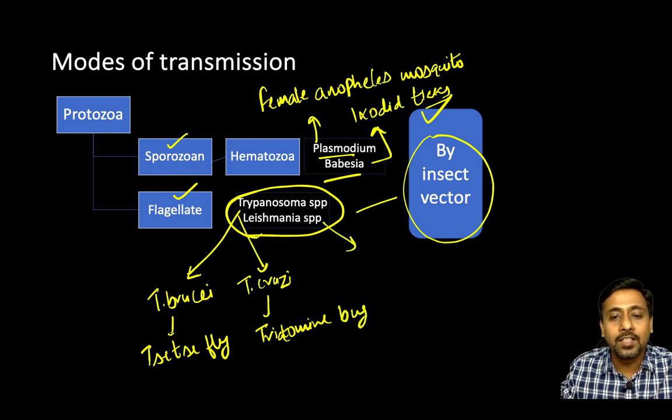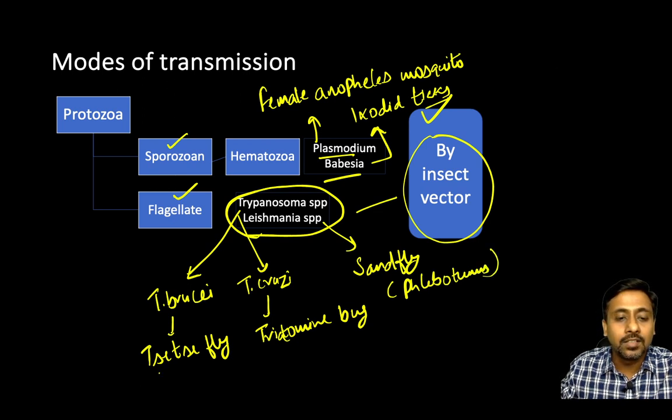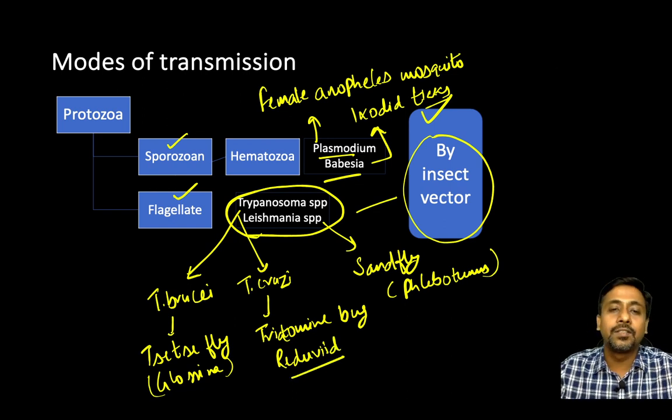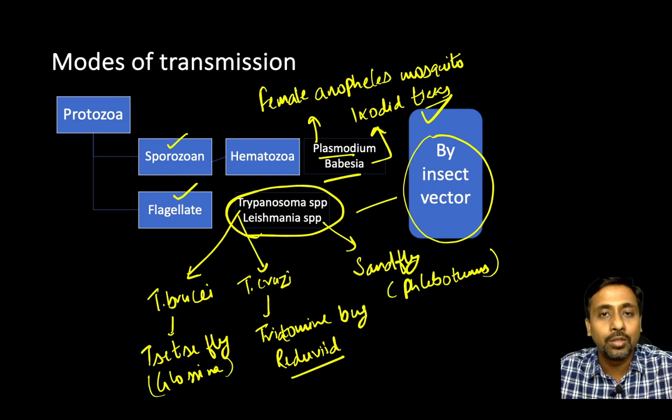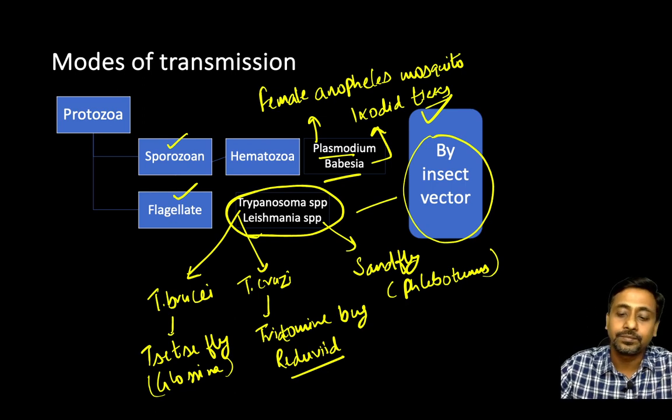In case of Leishmania, it is the sandfly, the scientific name is Phlebotomus. Okay, so these are the insect vectors for the hematozoan parasites and the hemoflagellates.